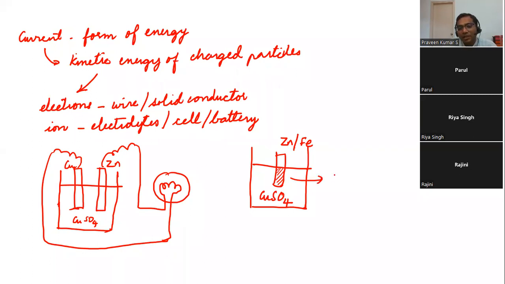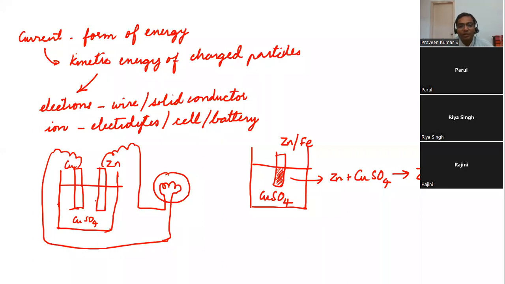So what is the reaction that is happening? Zinc is replacing copper in copper sulfate and it produces zinc sulfate and copper. This copper is getting deposited on the electrode and produces that brown color. Am I right?